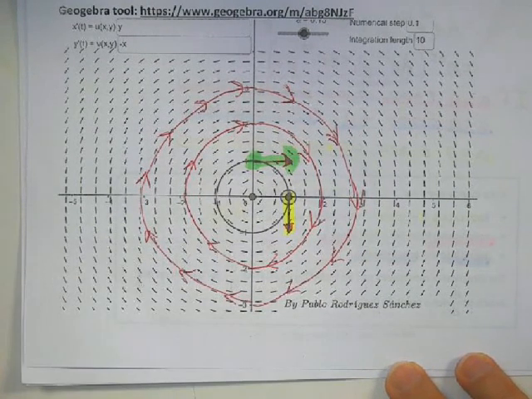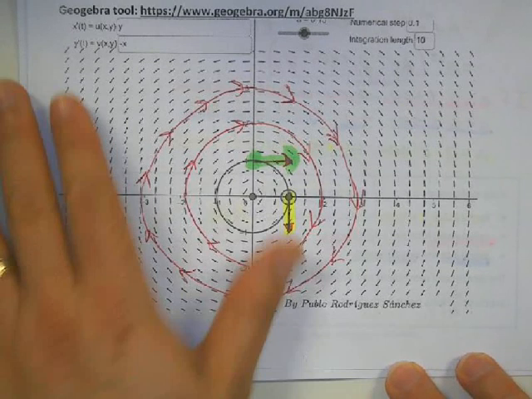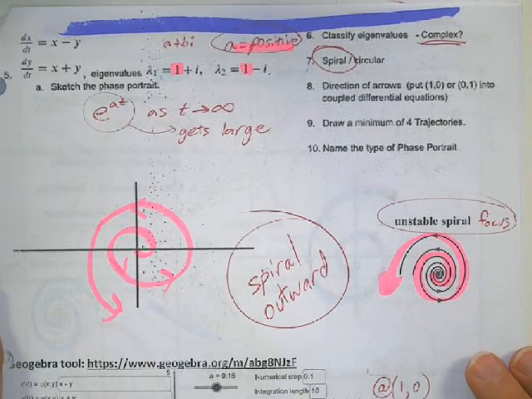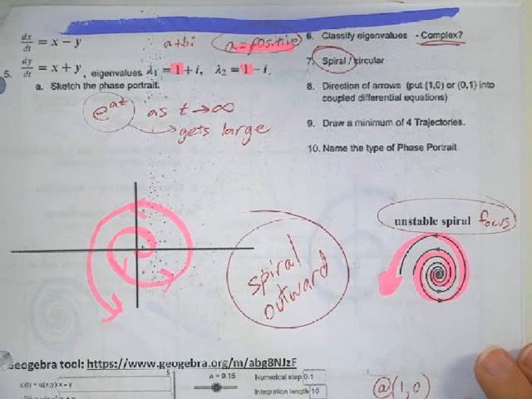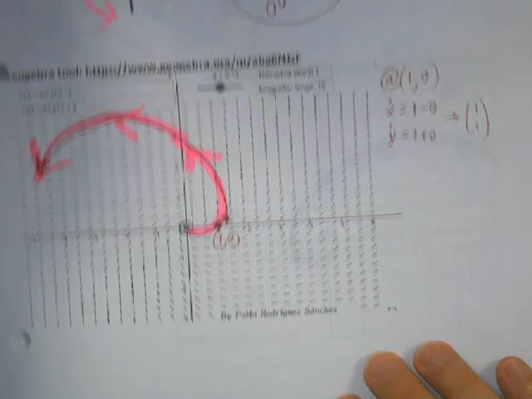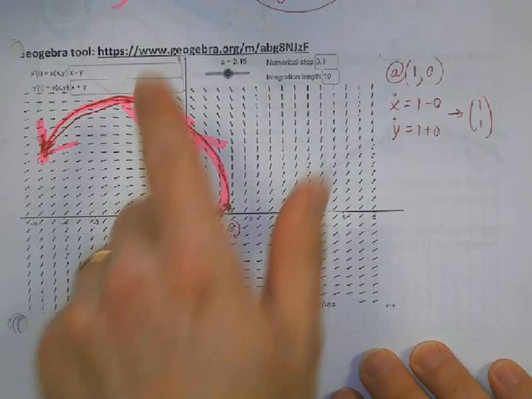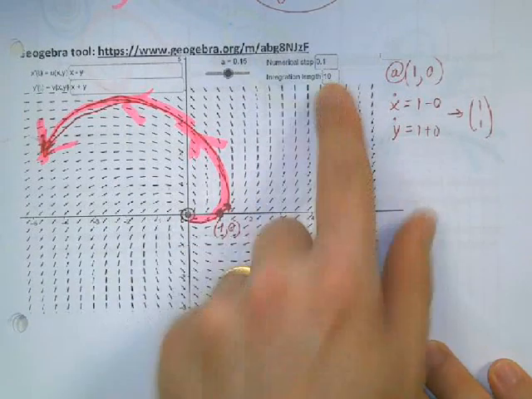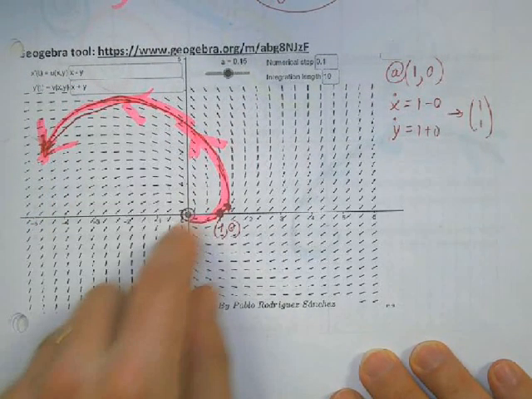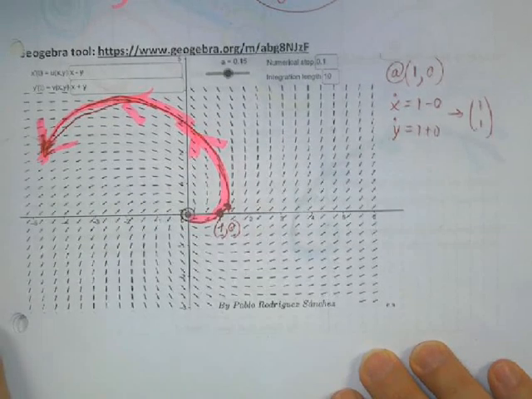So for this assignment, I drew the phase portraits for you. Anyways, here is the next one. Hit pause if you need to. He walks you through all of this. And if you go to his link and you type in the equation, you can move the dots and see this dynamically working for you.